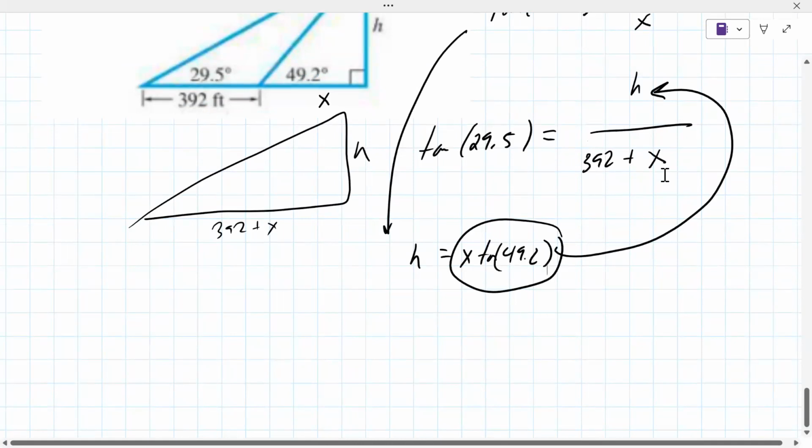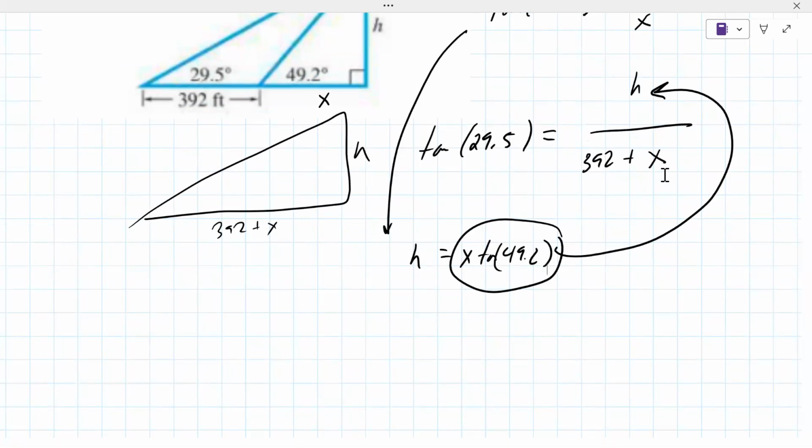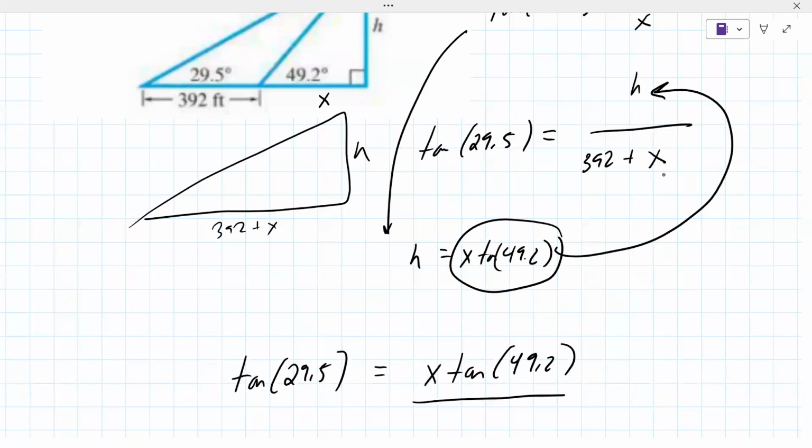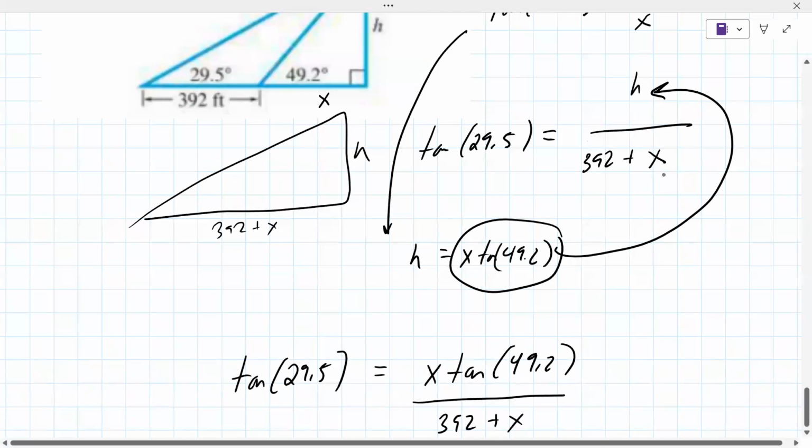So the solving it is a substitution method. You solve one for one variable, then you substitute it in for the other. So this is tangent 29.5 equals x tangent 49.2 over 392 plus x.